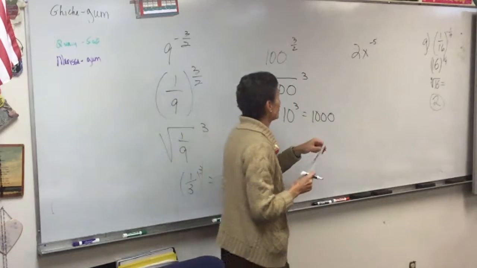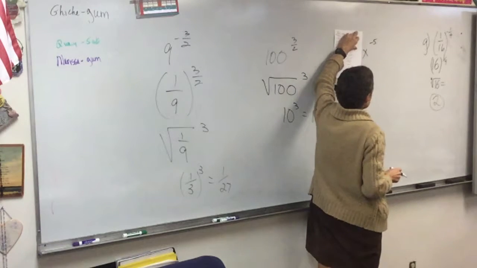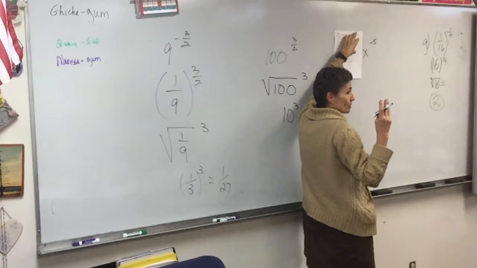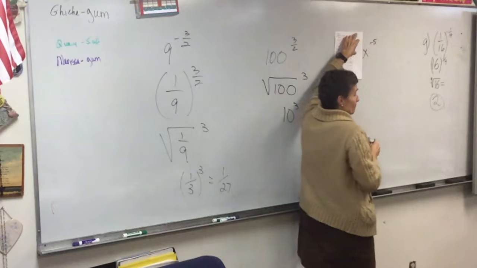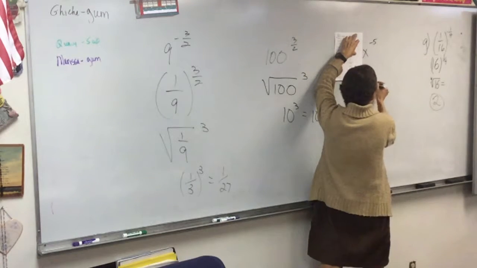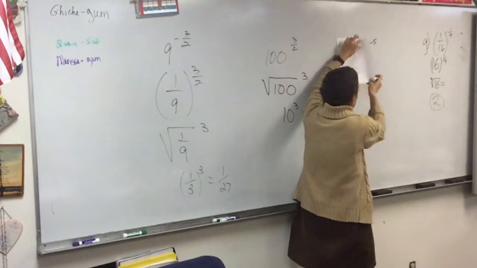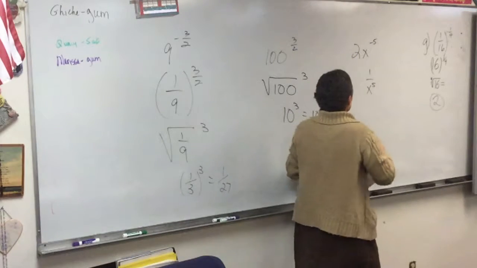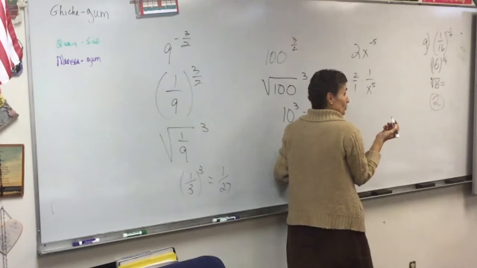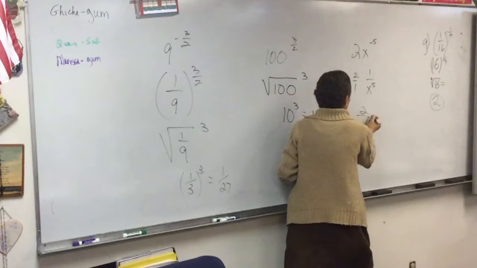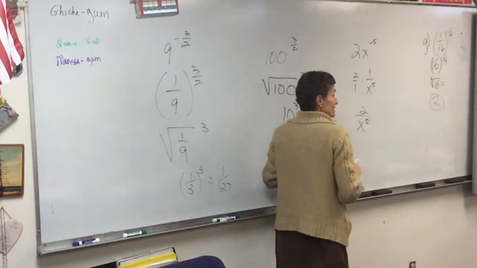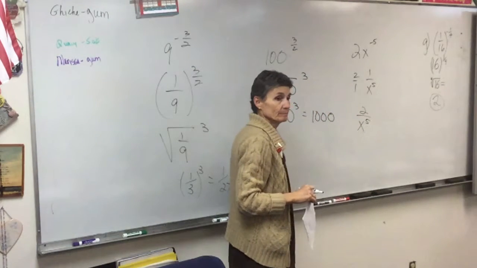They are not together. What does x to the negative 5th mean? 1 over x to the 5th. And you're multiplying that by 2 over 1. So 2 over x to the 5th is the answer.